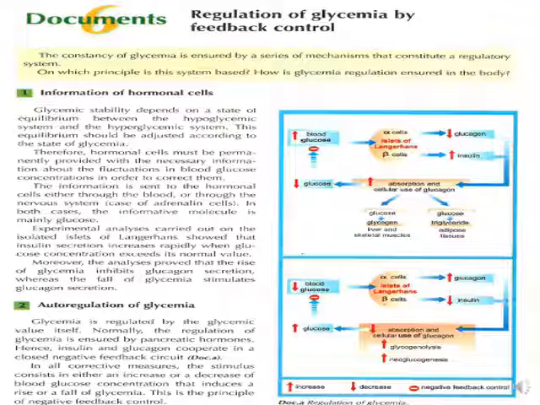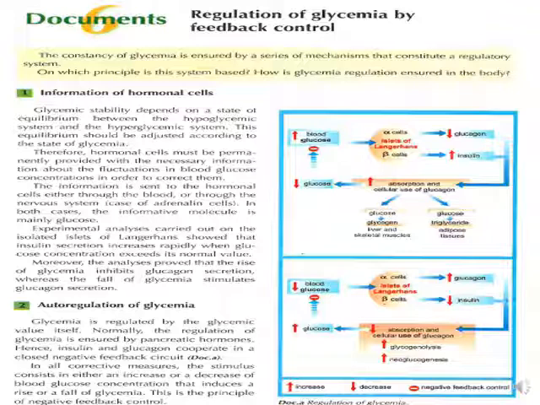In all corrective measures, the stimulus consists in either an increase or a decrease in the glucose concentration in blood that induces rise or fall in glycemia. This is the principle of negative feedback control. So blood glucose regulates the production of hyperglycemic or hypoglycemic hormones to restore it back to the normal level.